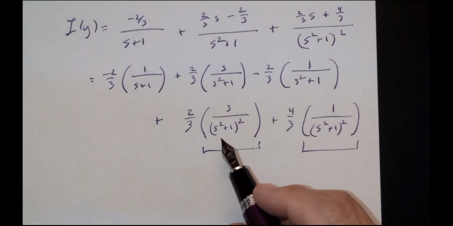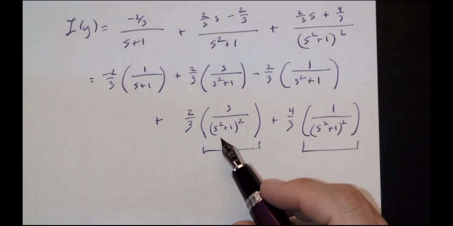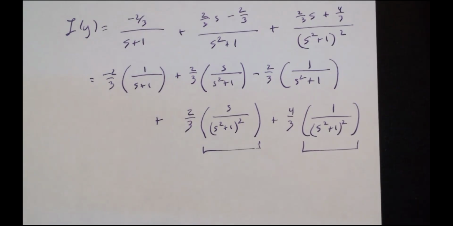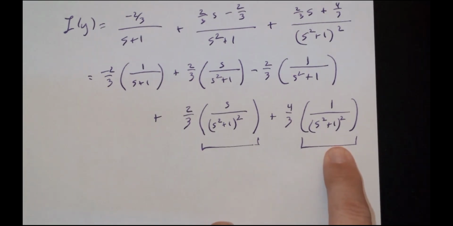So I'm looking at that extra s, and I think I need to integrate this and see what it looks like. Same thing here. And see if I can make it the right form for the Laplace transform.